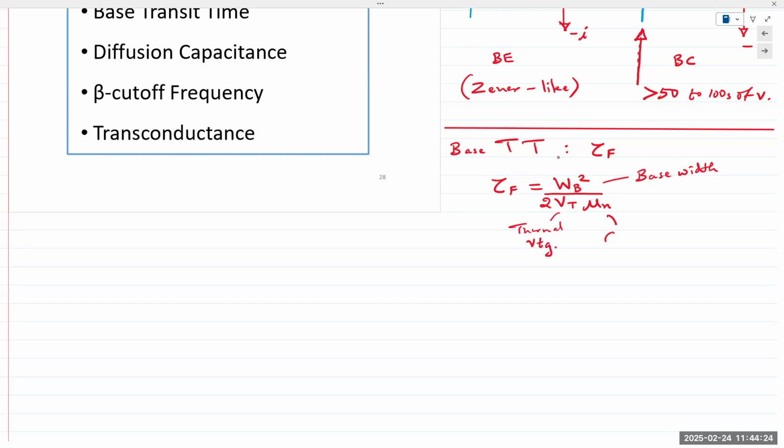And mu n is the carrier mobility, in this case electrons for an NPN transistor. And the same equation applies for a PNP, with mu p, the mobility of holes.